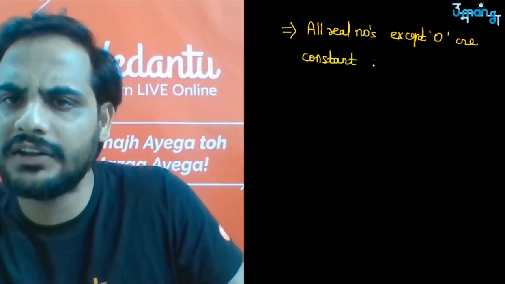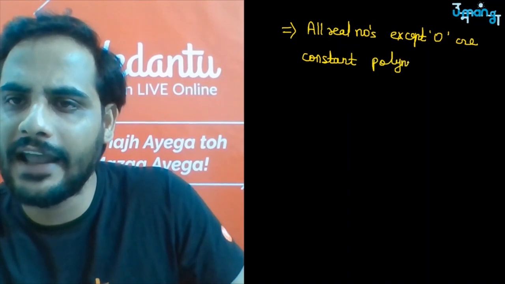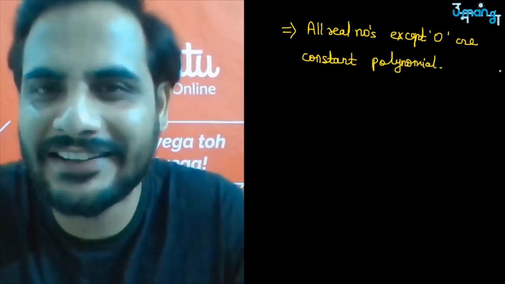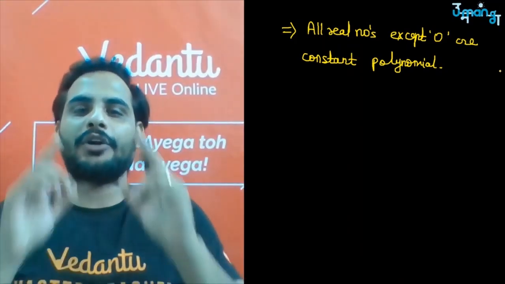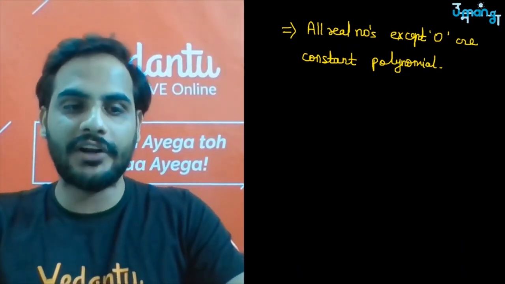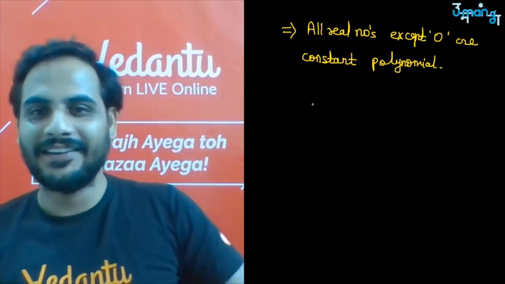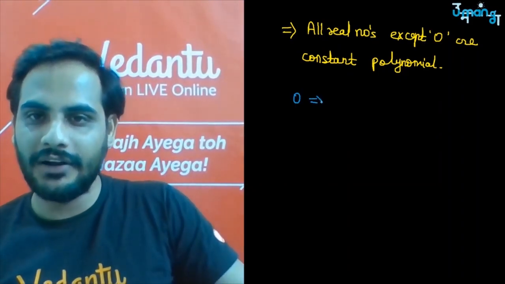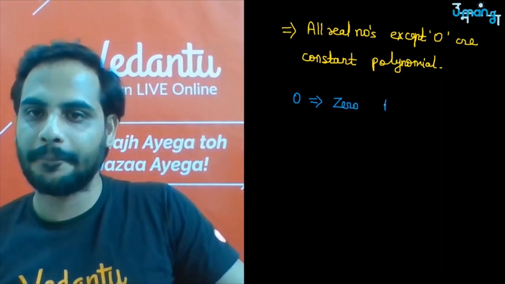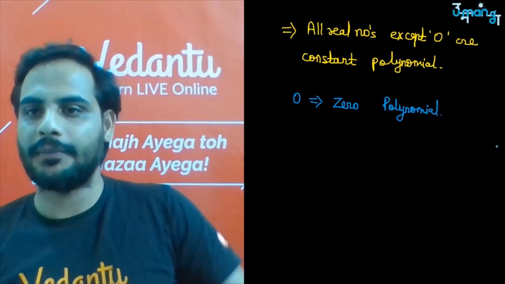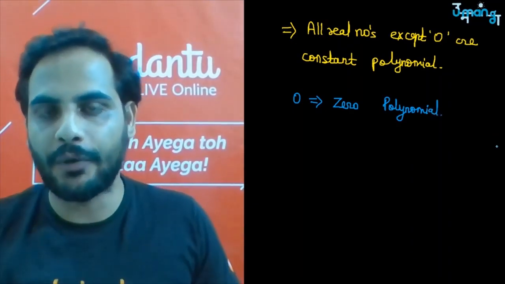That means other than 0, you write any number you want, fraction, rational, irrational, anything, it will be a constant polynomial but not 0. So what is 0? 0 has a separate identity. 0 is called the zero polynomial.